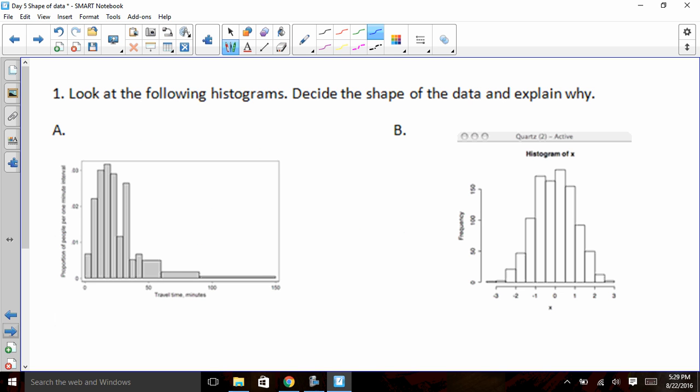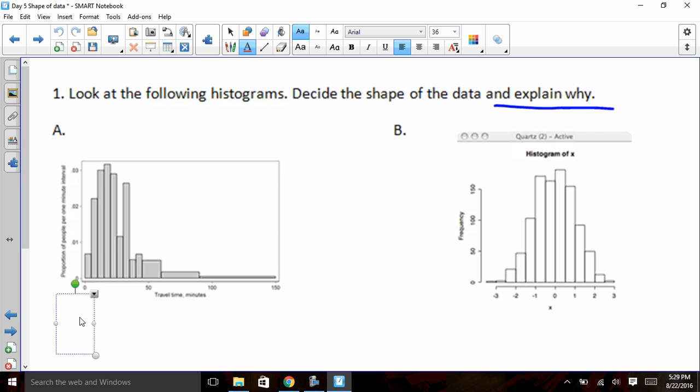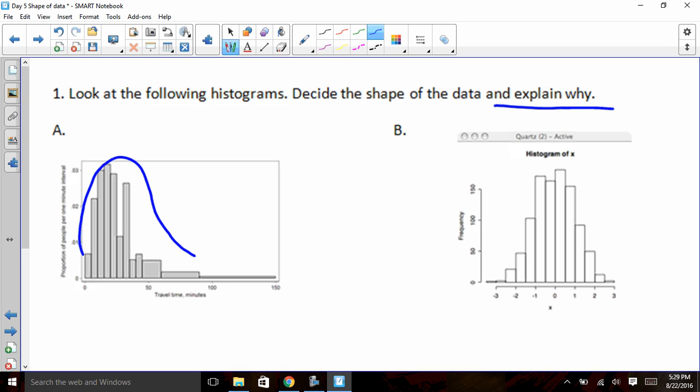Okay, let's take a look at the following histograms. Taking a look at what you see, what type of shape is this? Right, left, bell, and then explain why. Well, if you notice here on this graph, my tail kind of is towards the right side, isn't it? It's on the right side of my graph.